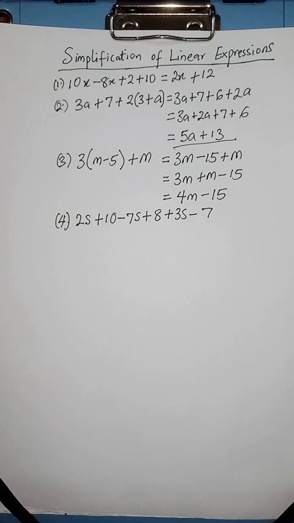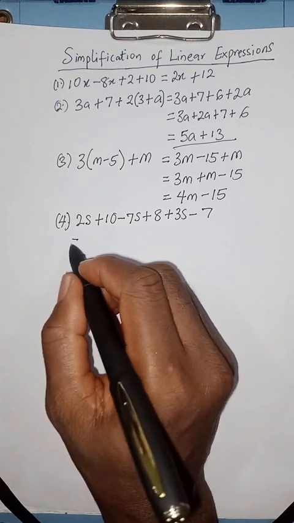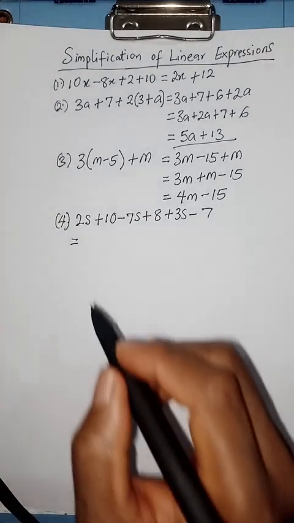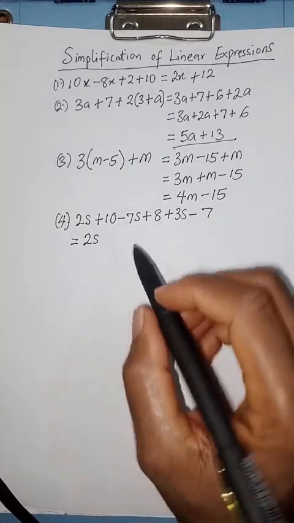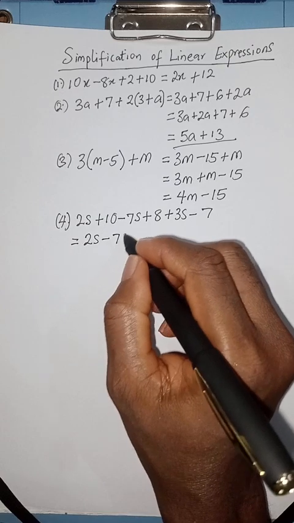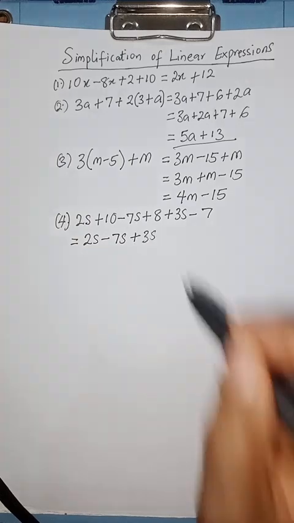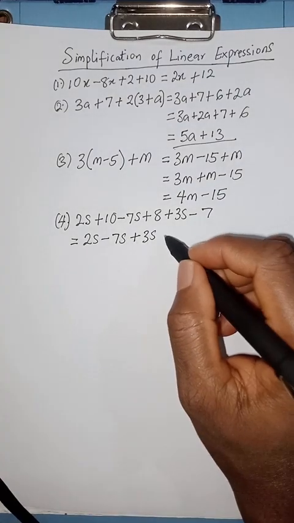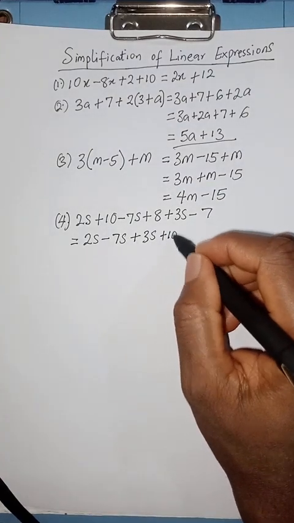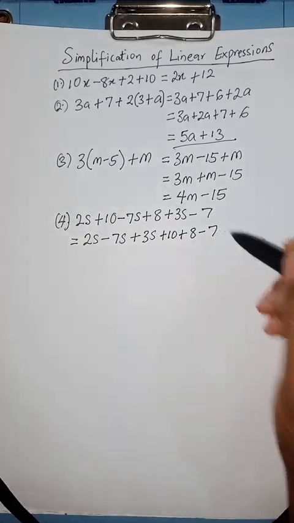So how do I solve this question? This will entail that I collect like terms. So this is 2x minus 7x plus 3x, no more x. And then we start taking the other values, plus 10, plus 8, minus 7.